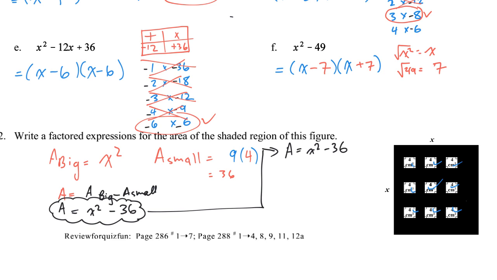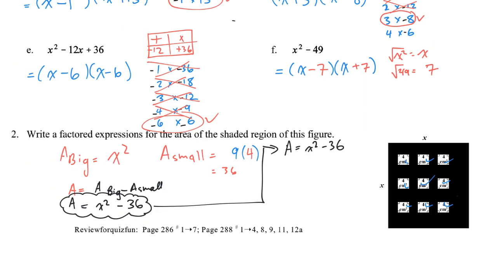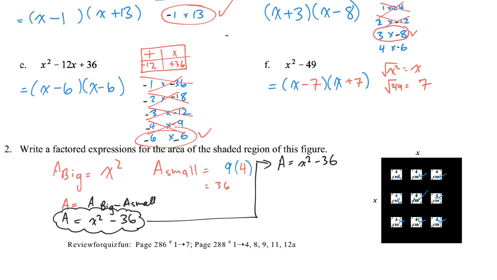Now, if you look at the previous problem that we worked on up here, x squared minus 49, you'll notice that we have the same situation happening. We have a perfect square for x squared, and, well, you know the square root of 36 is 6, right?